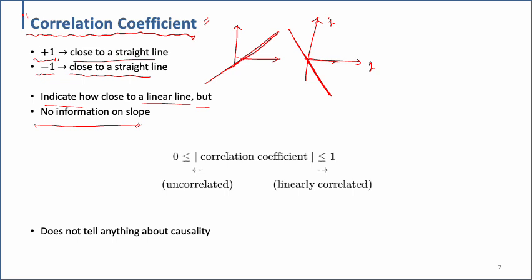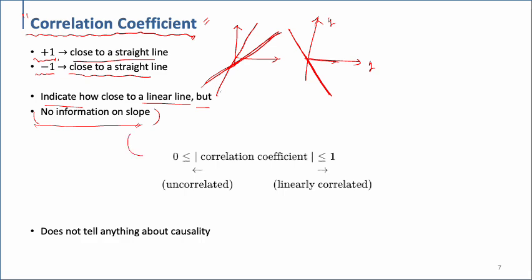In this case, the correlation coefficient is 1, and for this other line, the correlation coefficient is also equal to 1. So this does not include information on the slope.